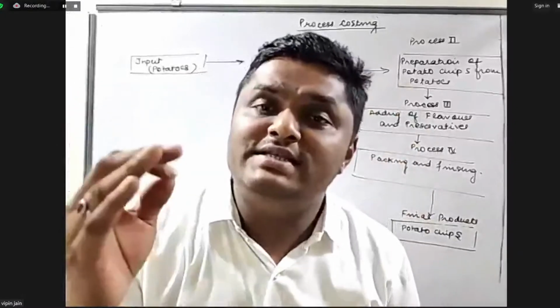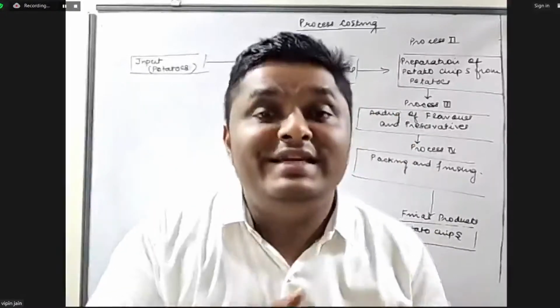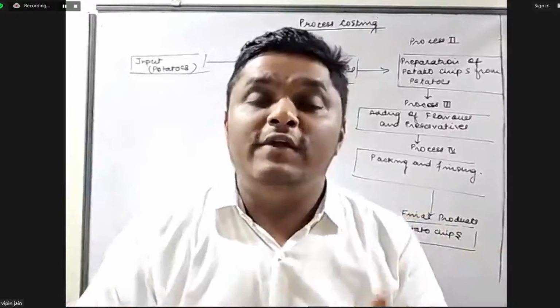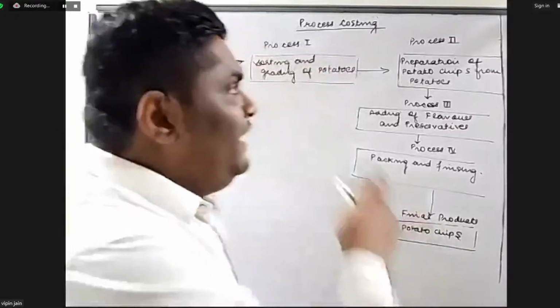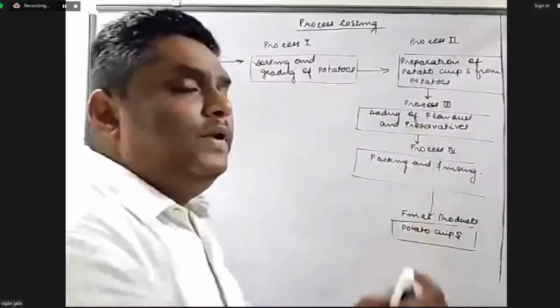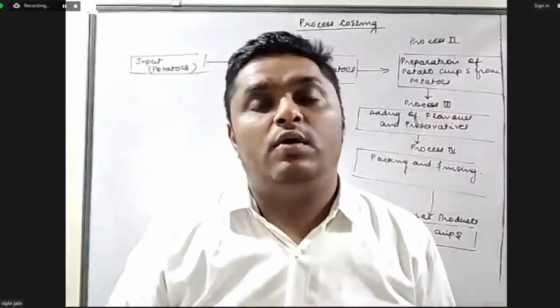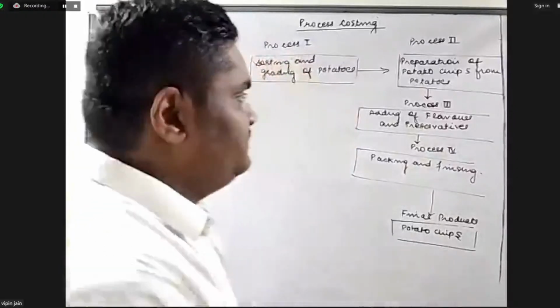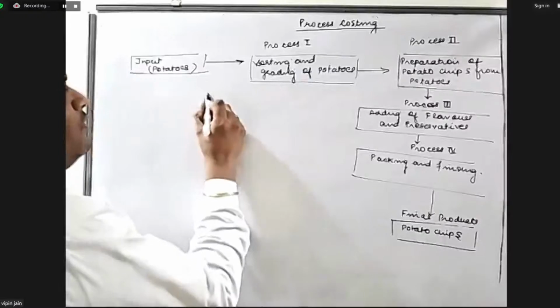I repeat again, guys, since each process is unique and a separate set of costs are incurred for every process, therefore for every process we will prepare a separate process account to record the costs that are pertaining to that process.